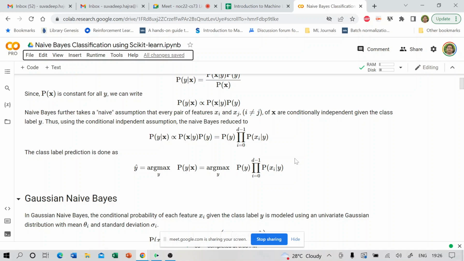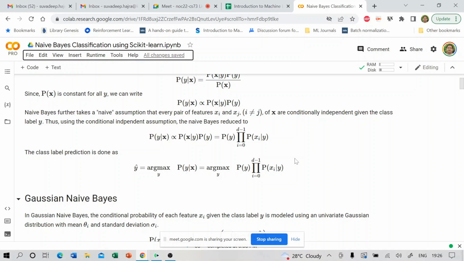Instead of 2, suppose there are k classes, then for a single feature, suppose there is only x1, how many distributions do we need? K classes, K distributions.